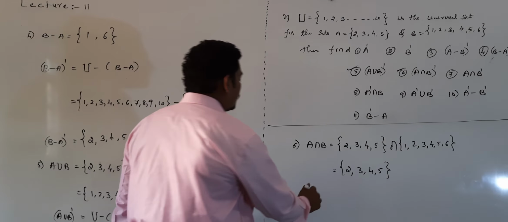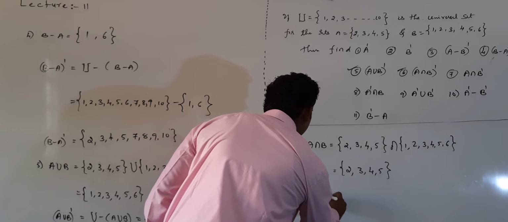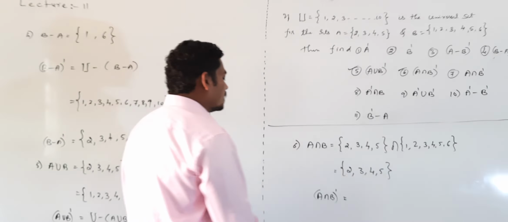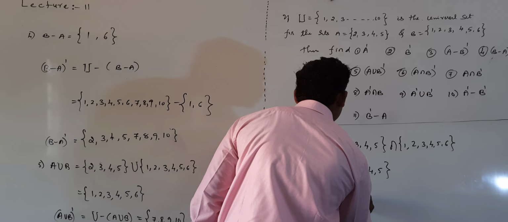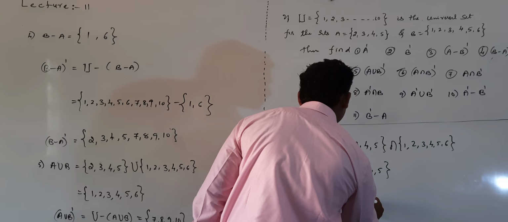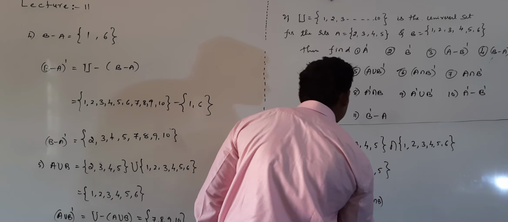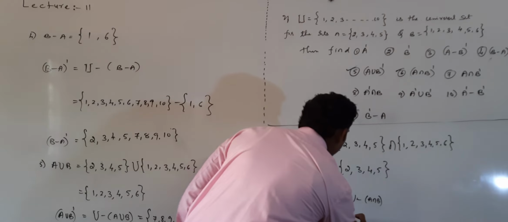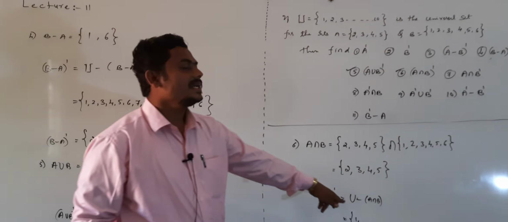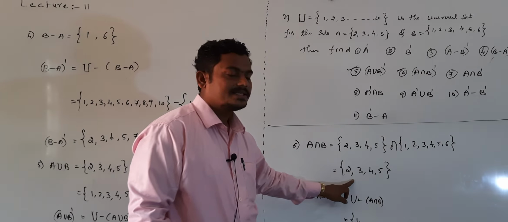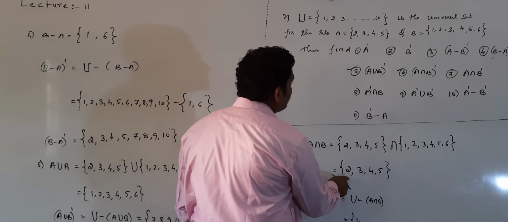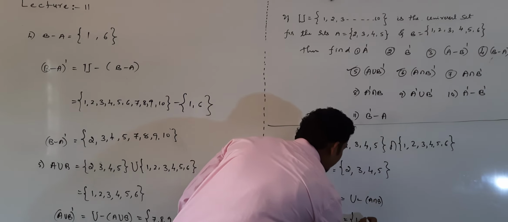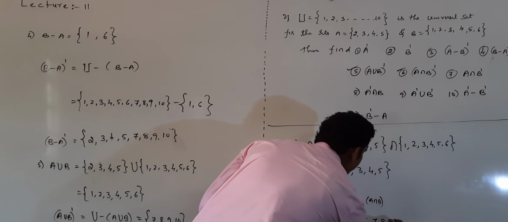These elements are common. After that, A intersection B whole complement, that's equal to U minus A intersection B. U minus this: 1, 2 is present in both the sets, 2 2 get cancelled, 3 3 get cancelled, 4 4 get cancelled, 5 5 get cancelled, then 6, 7, 8, 9 and 10.